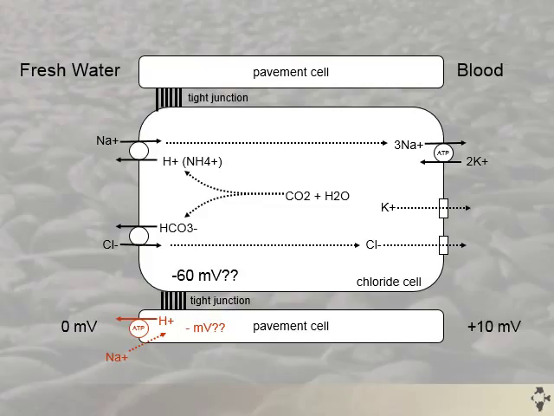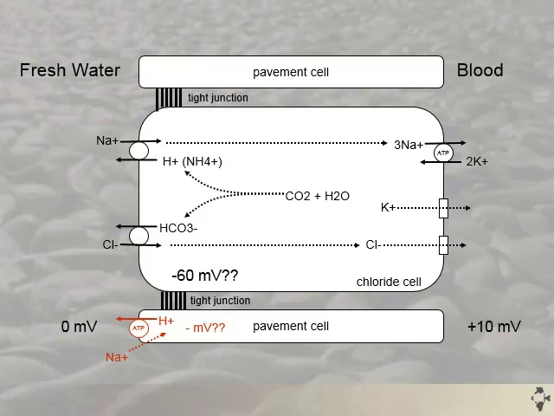Okay, so in terms of the ion transport model, how these things are actually functioning, they start with the very same ATP-dependent sodium-potassium pump. So you can see that on the right-hand side, the blood side of the figure. So once again, we are exporting 3 sodium ions into the blood in exchange for 2 potassium ions coming into the chloride cell.